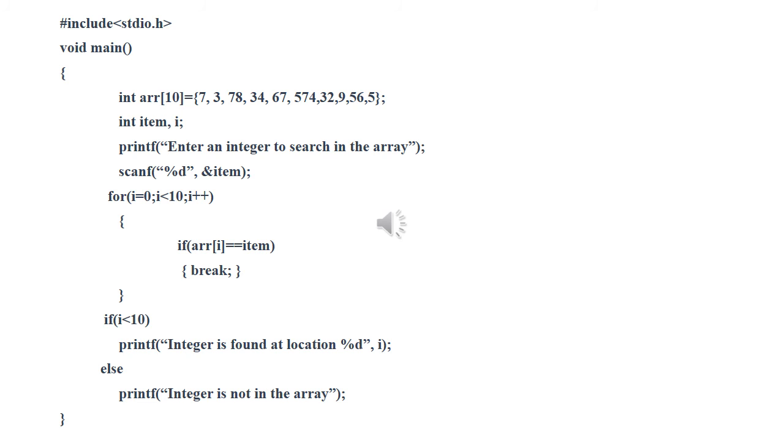When I was 1, arr[1] is 3. So when the value of I was 1, you break the loop. Now if I is less than 10, yes, I is less than 10. You print integer is found at location %d, meaning it will print integer is found at location 1. Else will not print this time, right? So this is how the practical works here.